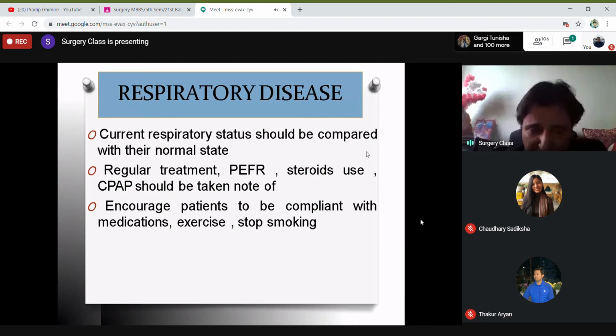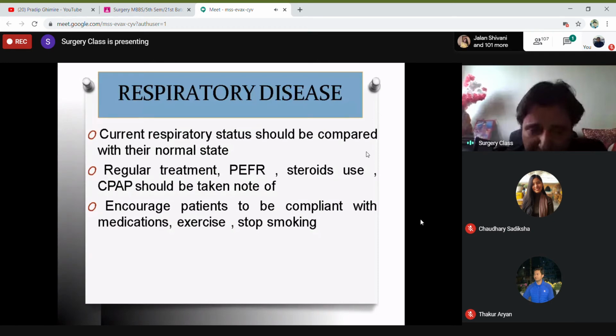Okay, then COPD patients maybe, or asthmatic patients maybe on steroid. So you have to know the status of the steroid, how much dose he or she is taking, because long-term use of steroid in a higher dose, like up to 10 or 20 milligram prednisolone, may affect your surgical outcome.